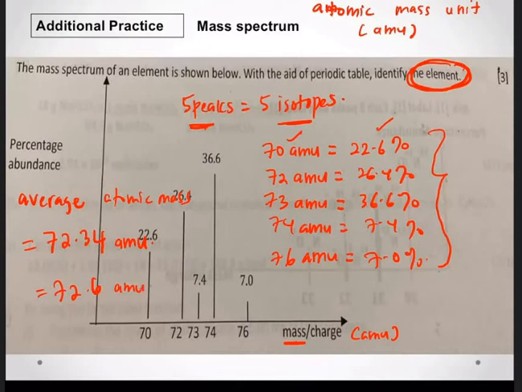If I'm not mistaken, jawapan dia 72.6 tau. Yes. Data tu terbalik. 73 dengan 74. Okay, so for those yang dapat 72.34, cuba kira balik, okay, because by right the answer is 72.6. Kalau tak dapat juga nanti kita minta siapa-siapa yang dapat 72.6 boleh share jawapan dekat WhatsApp group.